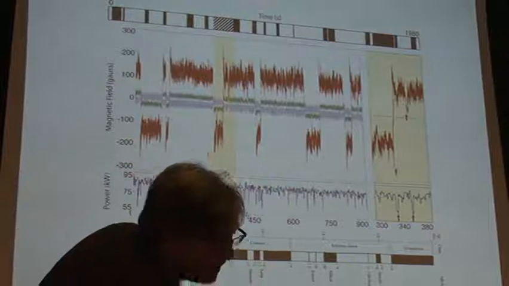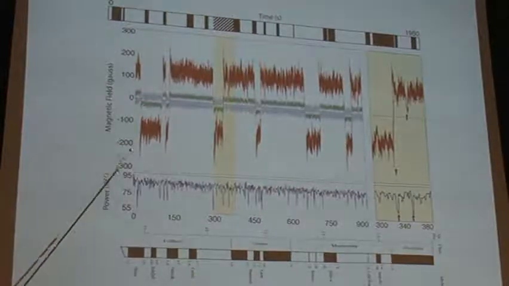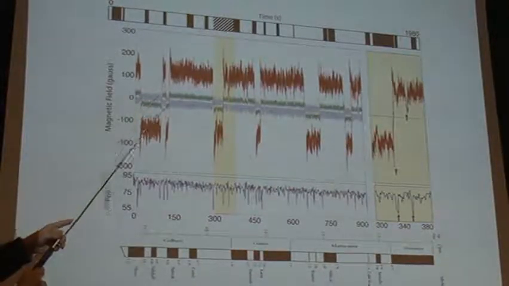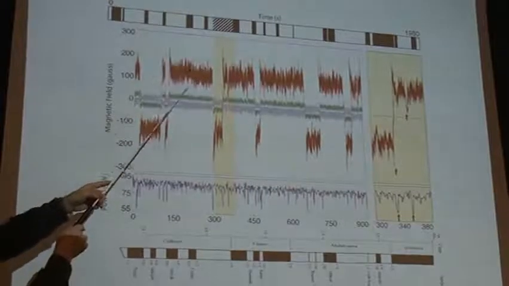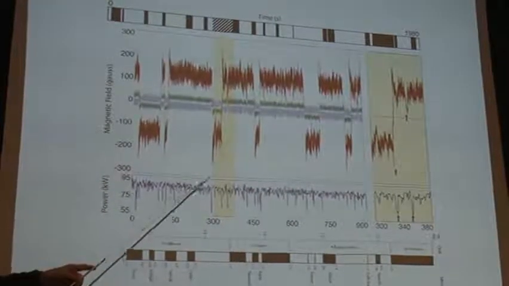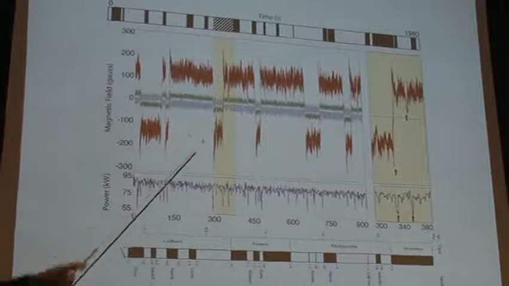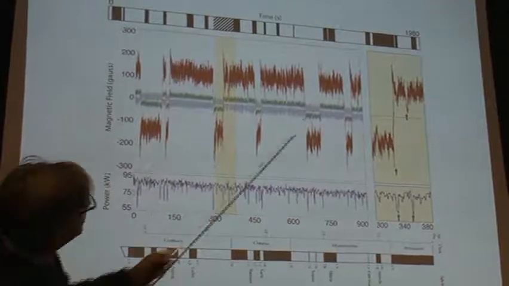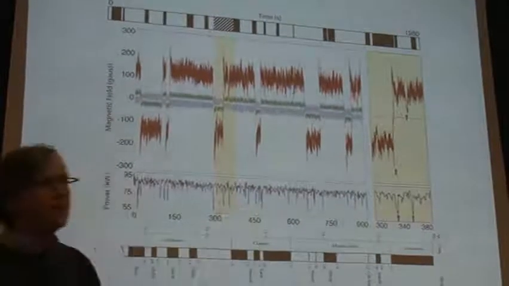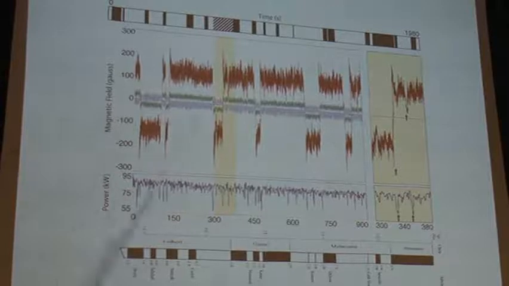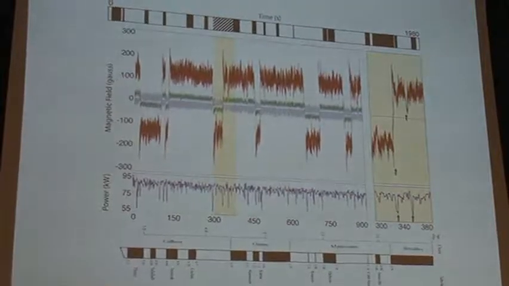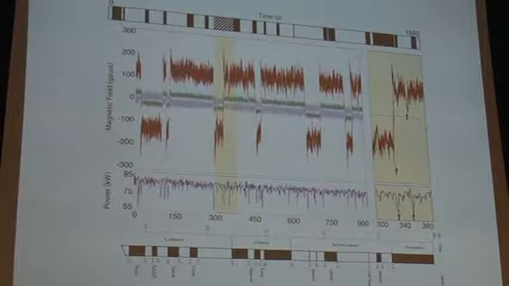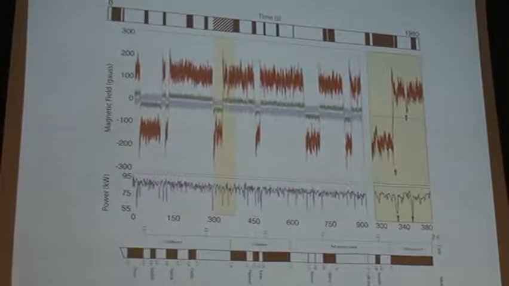Then it has this very characteristic thing: when it changes polarity, it overshoots a little bit, comes back to a stationary value, it reverses, overshoots a little bit, comes to another value, and then you have those other events that the geophysicists particularly like, which they call excursions. That is, the magnetic field is decreasing, decreasing, decreasing, and then it grows again with the same polarity.